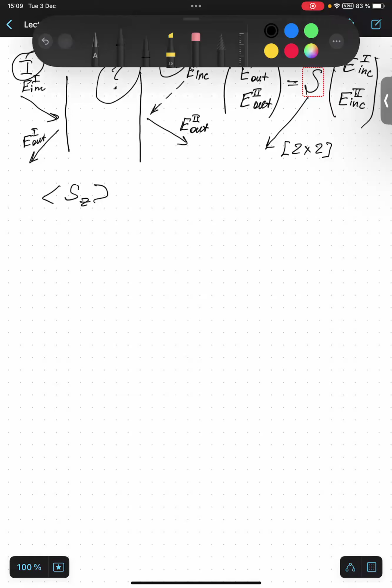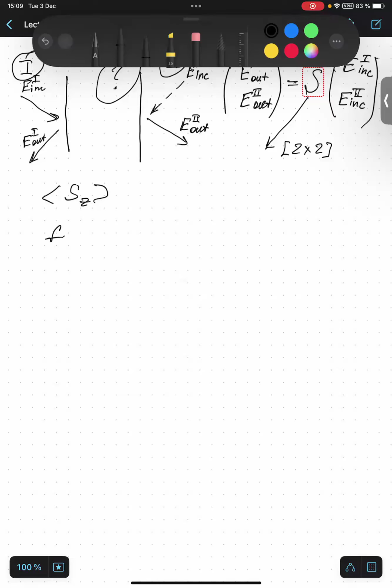Why is the Poynting vector so important? Well, because it tells us about the transmitted power. So we have some incoming power, and we want to know how much of it is transmitted through our system. Then let's try to calculate it.